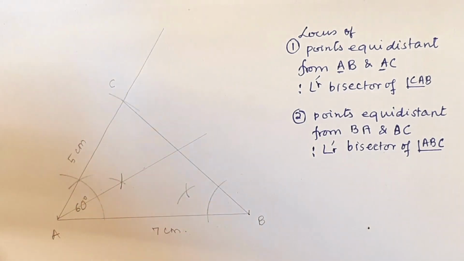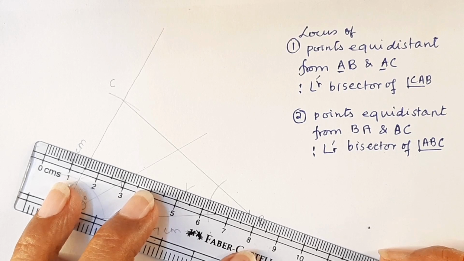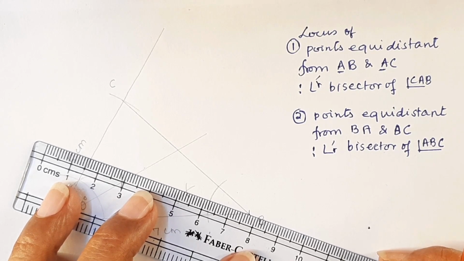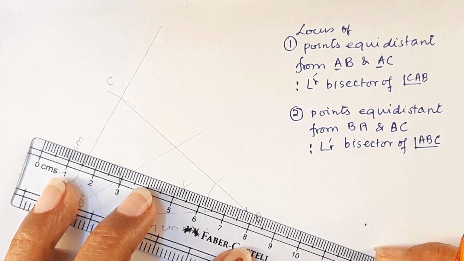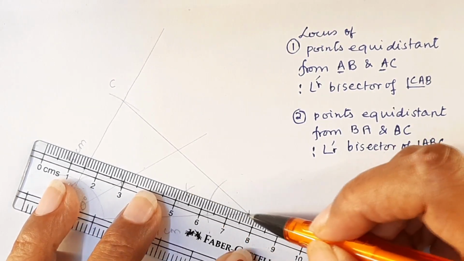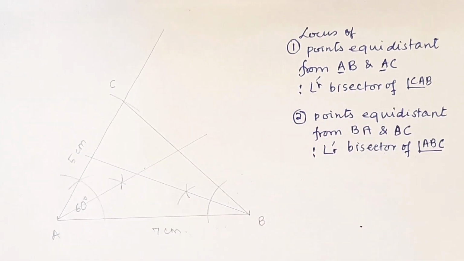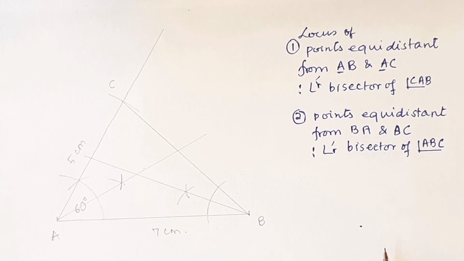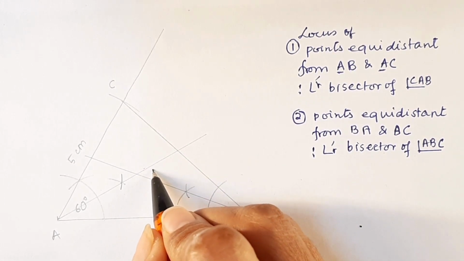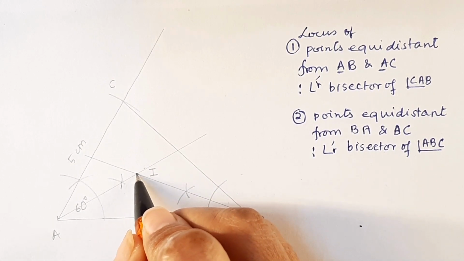Now again, we'll have to be very careful. Take exactly point B and the point of intersection here. Now where the two intersect, I will call that point I. This is the point of intersection I.